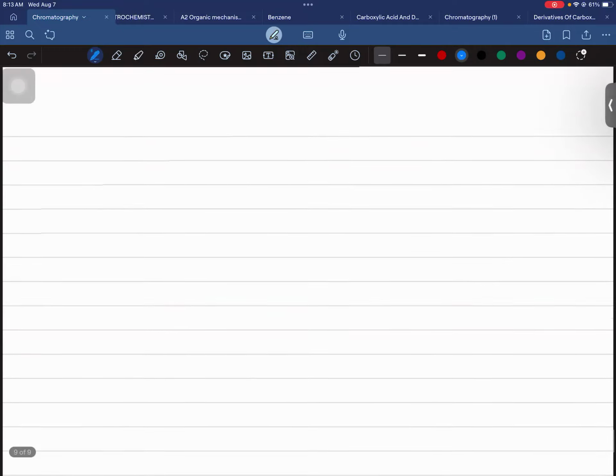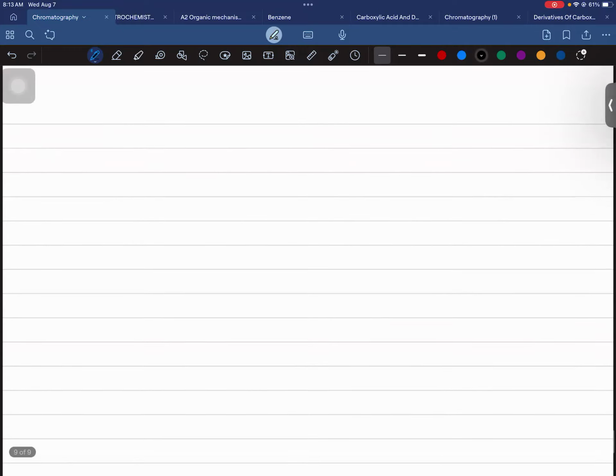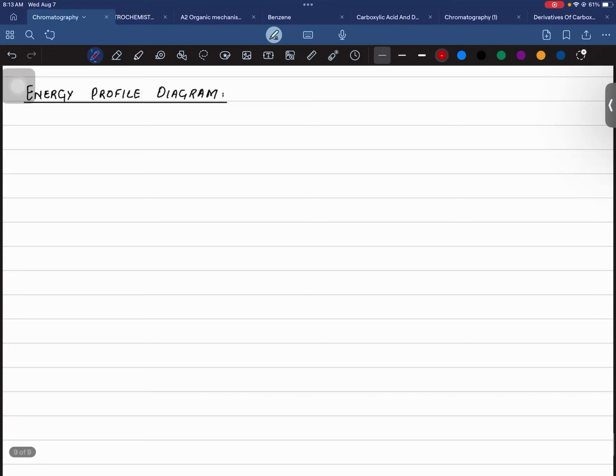Okay, then energy profile diagram for endothermic system. We have two diagrams.